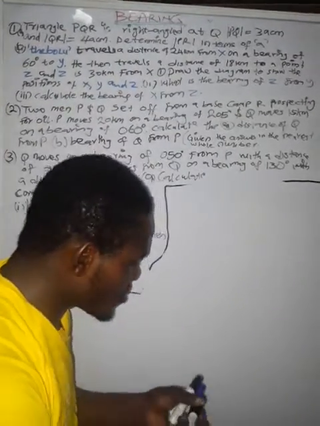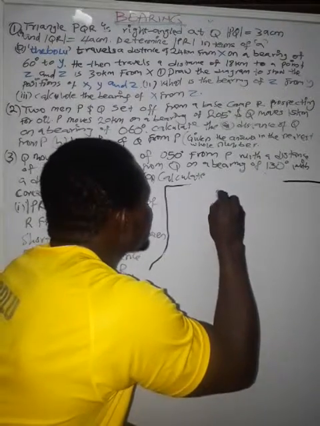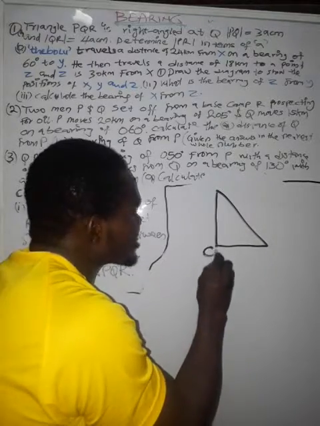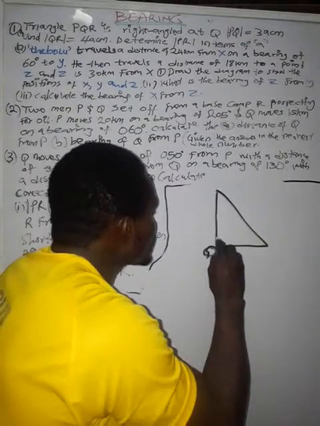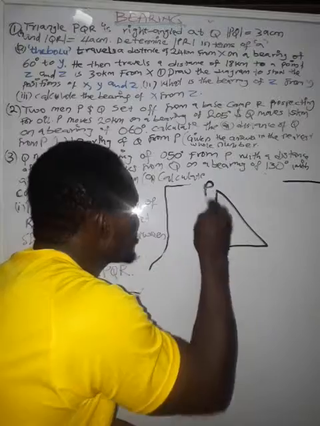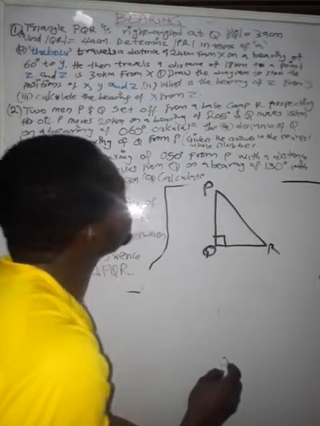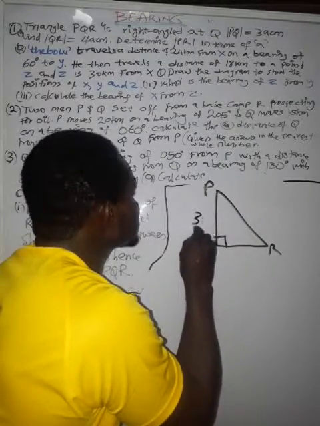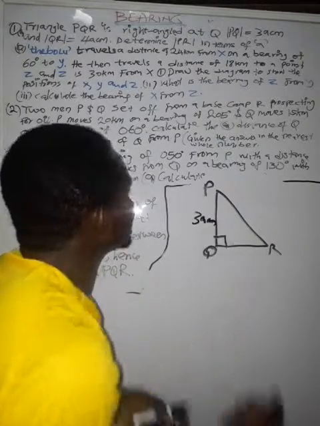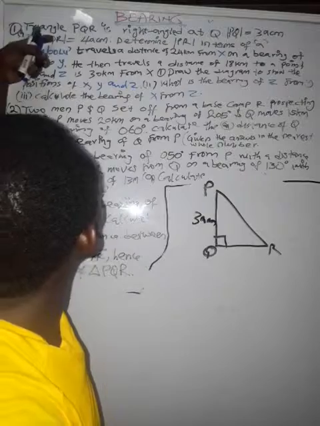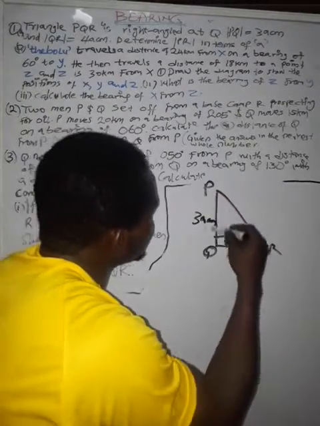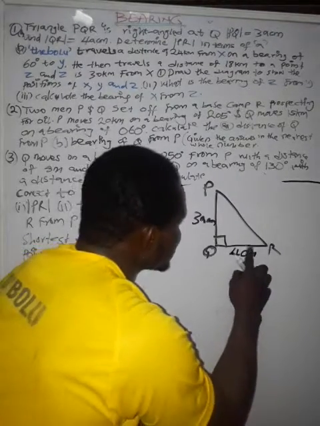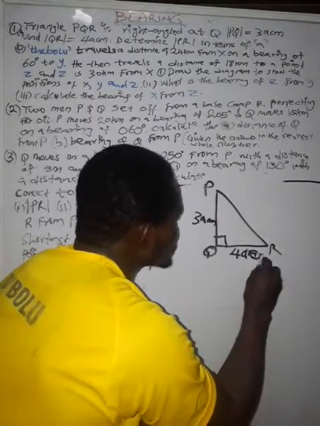That is the first question. So the question says a triangle PQR which is right angled at Q. So they are saying the right angle is at Q. So that is what it means. PQ here is 3a centimeter, and QR is 4a centimeter.